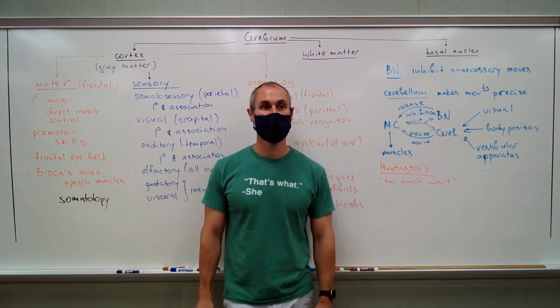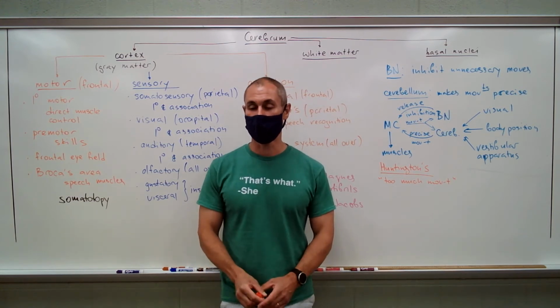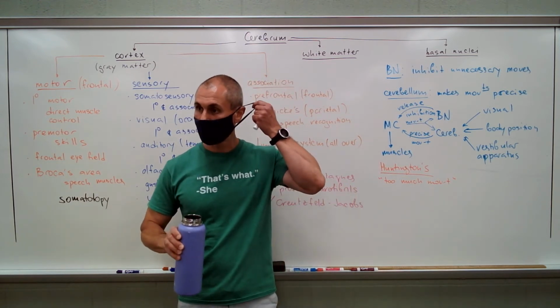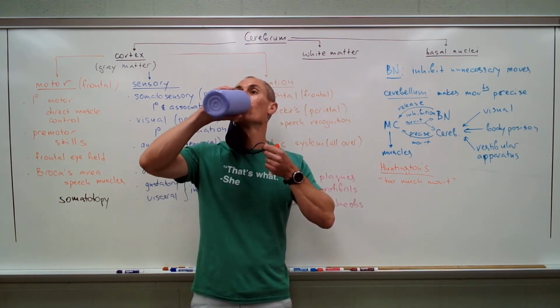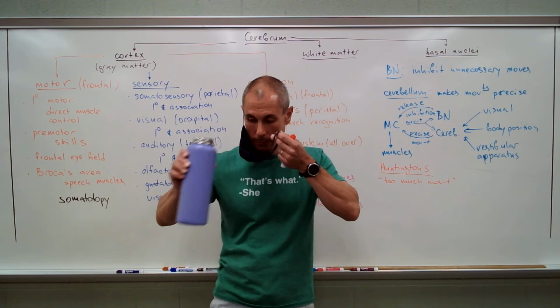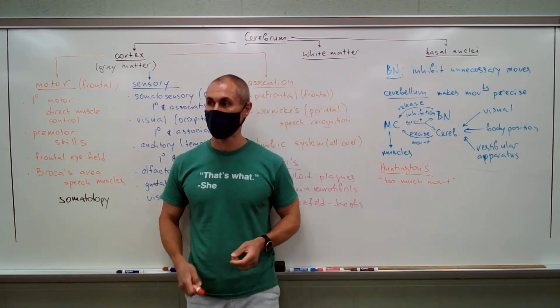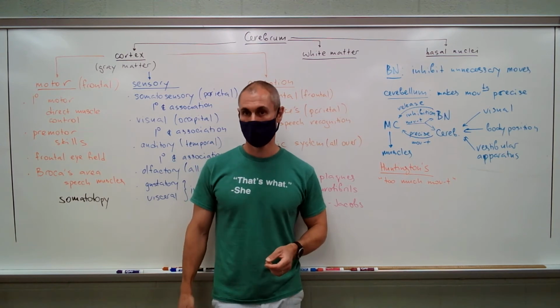Does that make sense? So they can't inhibit unnecessary movements anymore, and you start producing them. This condition, when people start flinching their arms and legs, is called chorea.